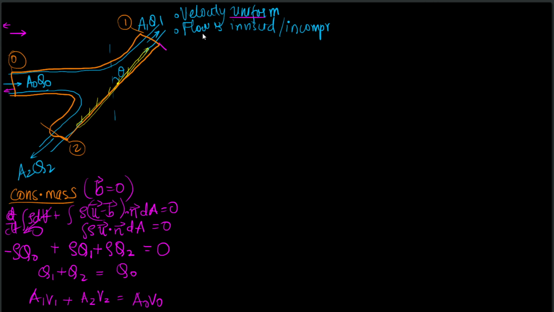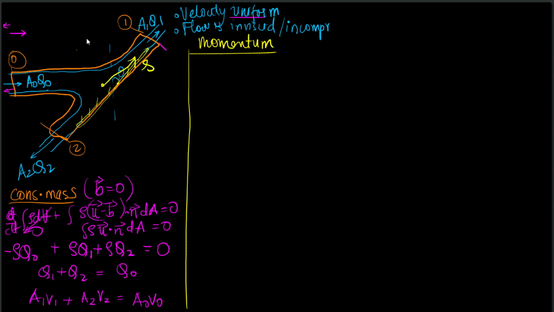Now let us write down the momentum conservation equation. So the momentum conservation equation, let us write it down in this stream direction, and let us define the normal to it also, it doesn't matter.